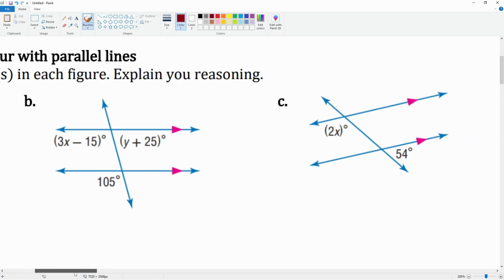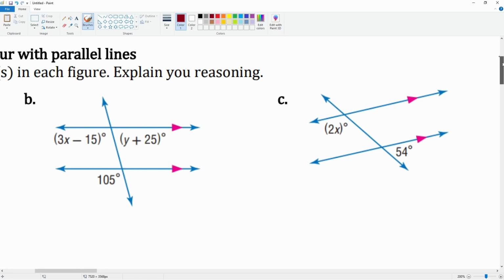Let's look at B. Let's see if we can do some sliding before we figure out some equations. Take a look. Notice that this bottom left is 105 degrees.